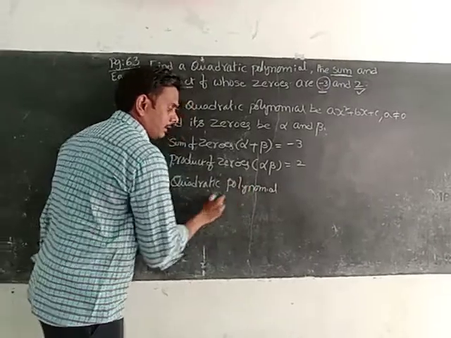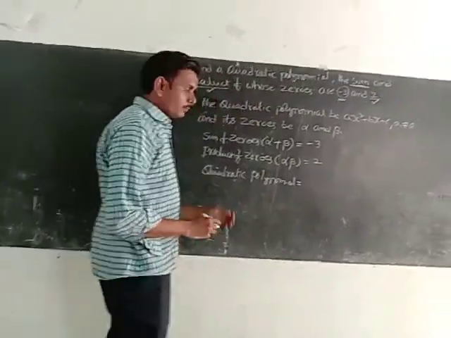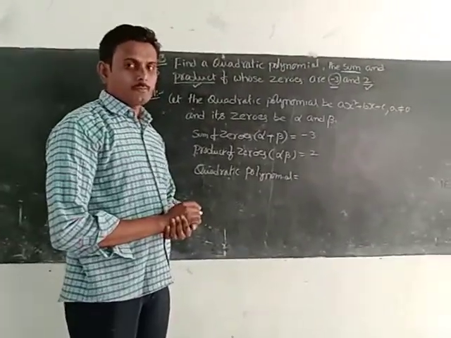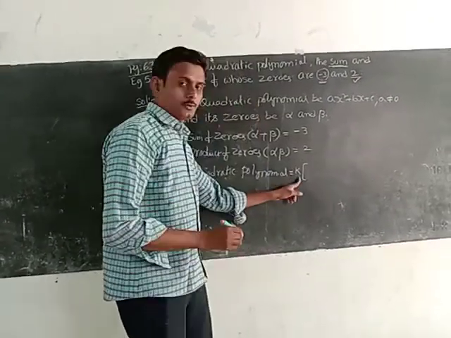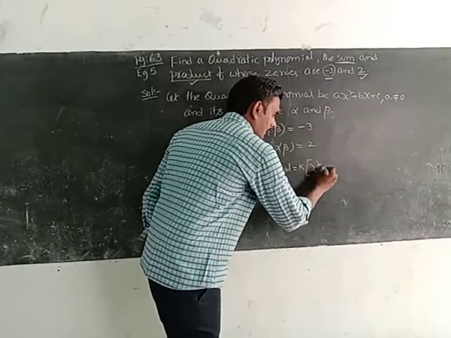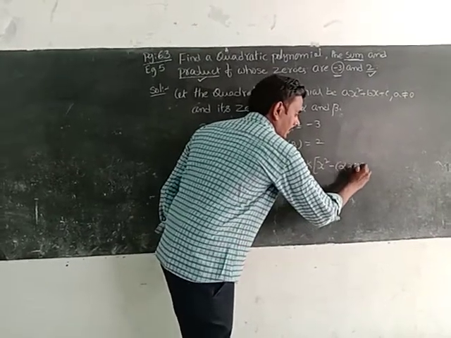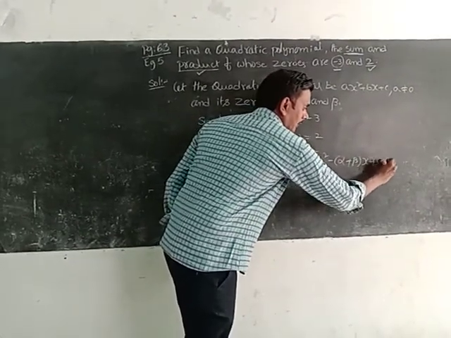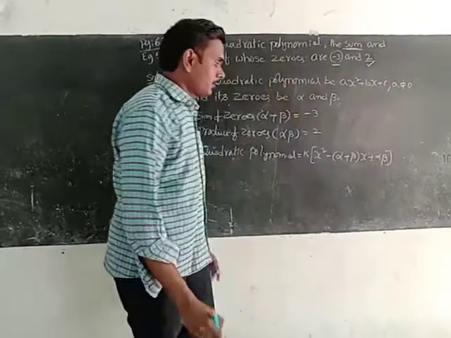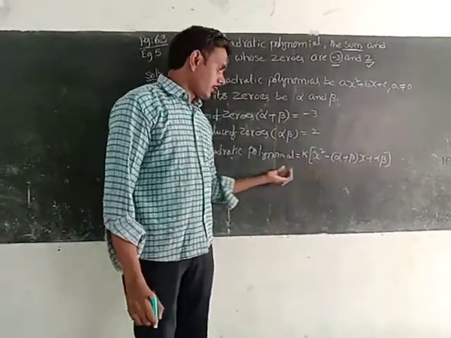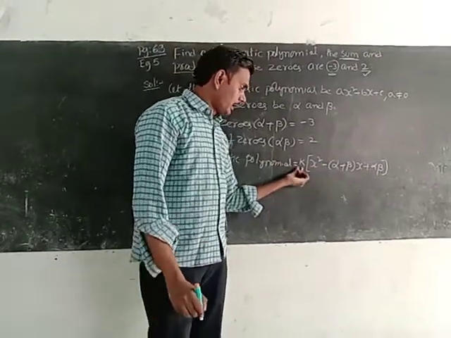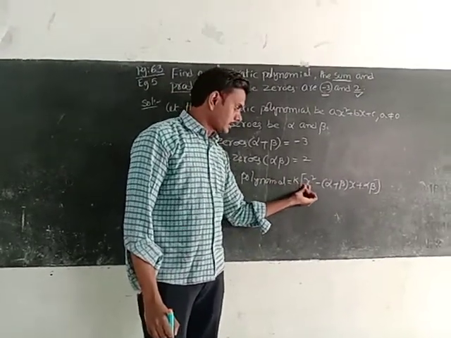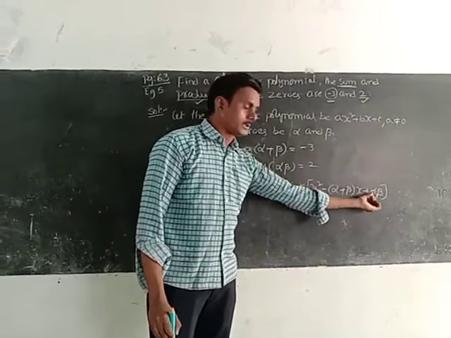Last time we saw how to write it by knowing the alpha and beta values. We have one pattern: k into x square minus alpha plus beta into x plus alpha beta. Whenever you know the alpha and beta values and want to prepare a quadratic polynomial, we use this pattern, where k is a constant.